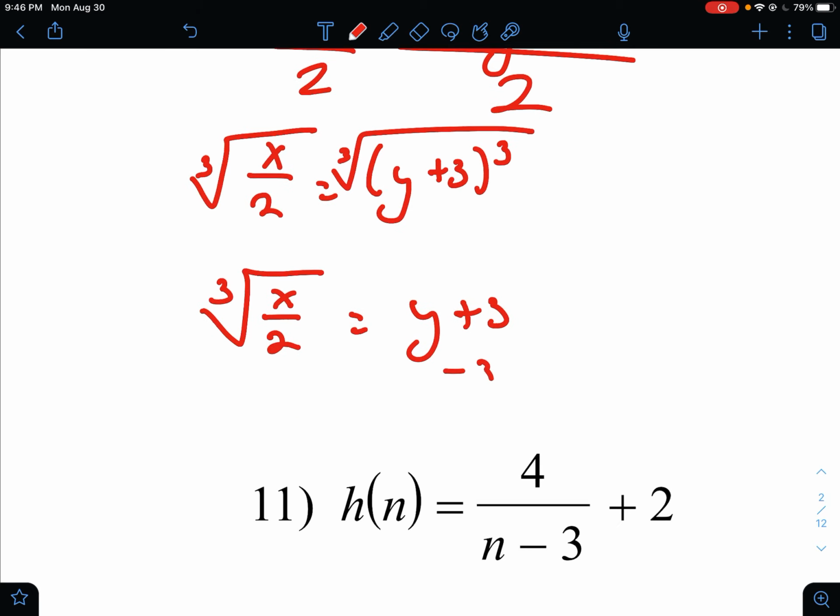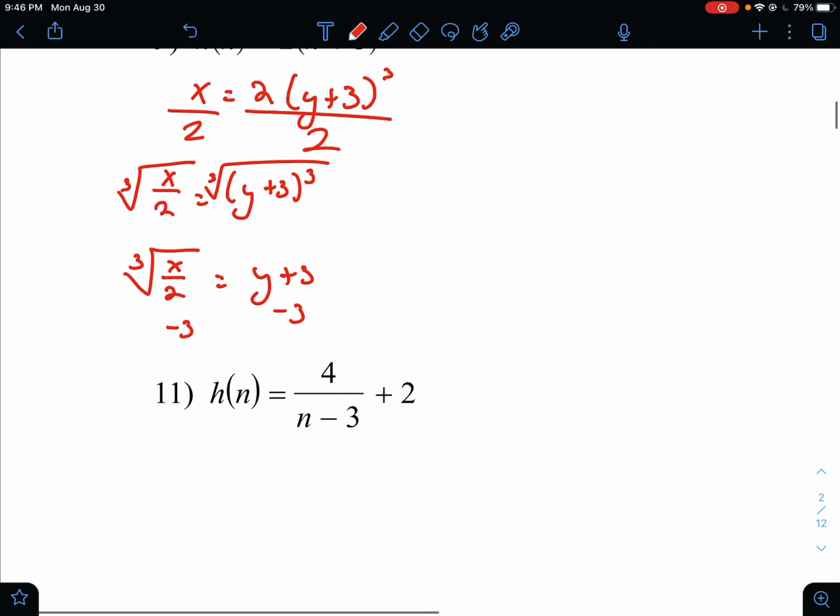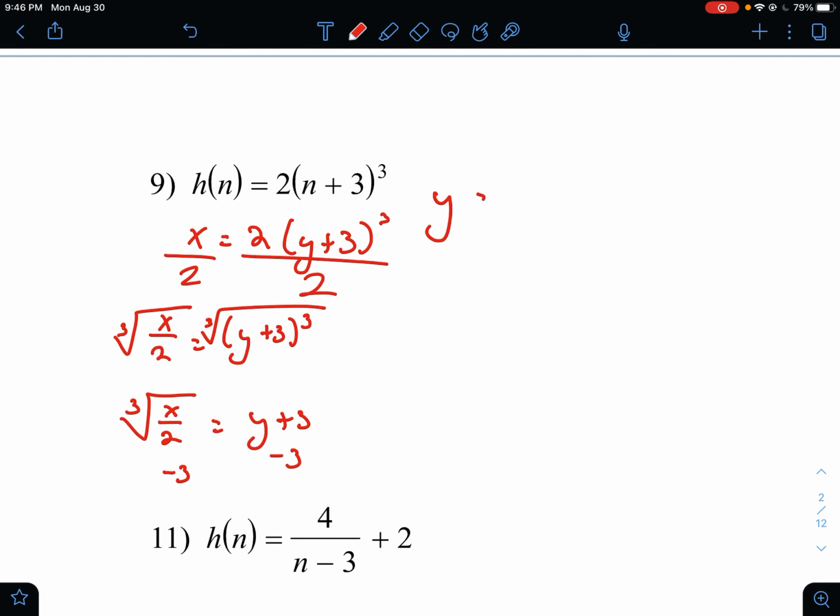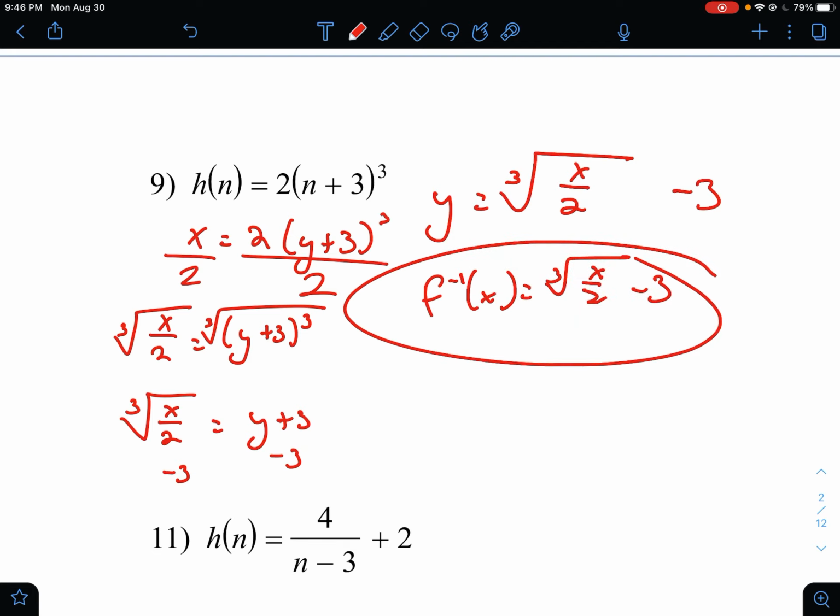And then I'm going to subtract 3 on both sides. So I get that y is equal to the cube root of x over 2 minus 3, which we would write as f inverse of x equals the cube root of x over 2 minus 3. Again, the answer key is going to look different for that one.